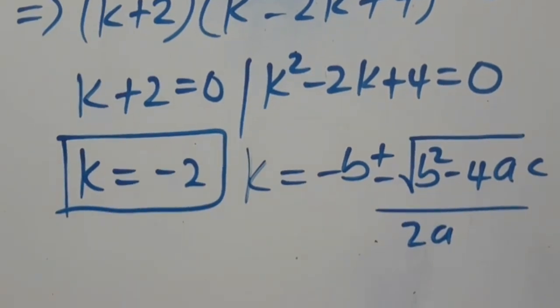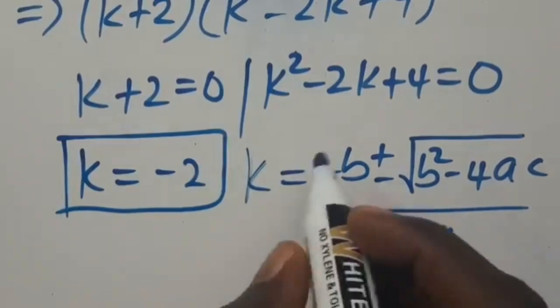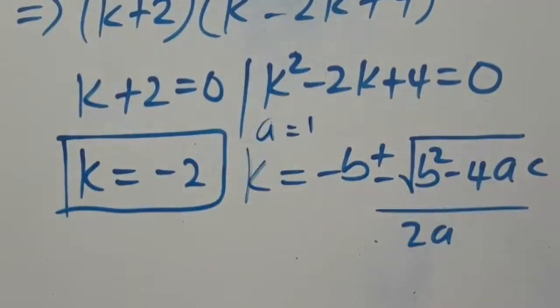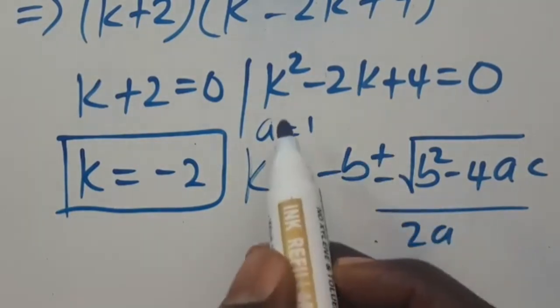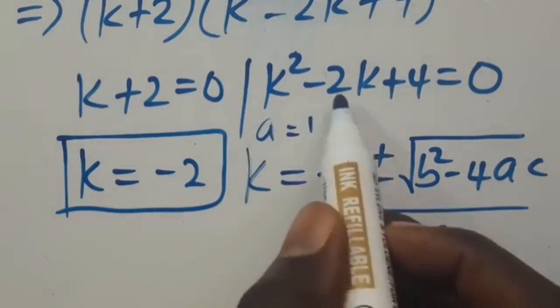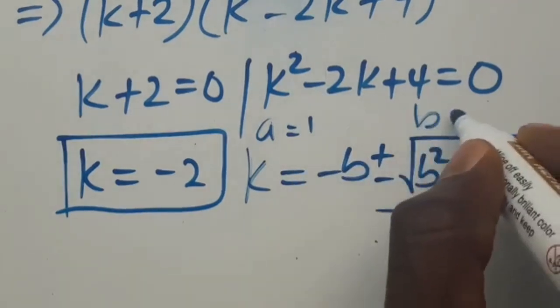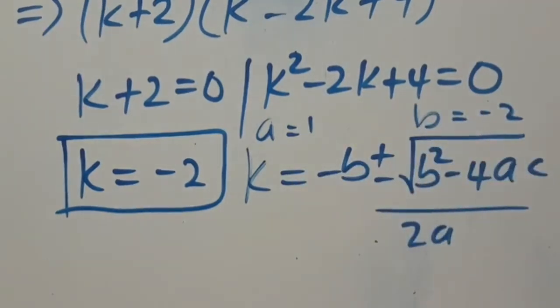Then, from here, a is the coefficient of k squared, which is 1. b is the coefficient of k, which is minus 2. So we have our b equal to minus 2.